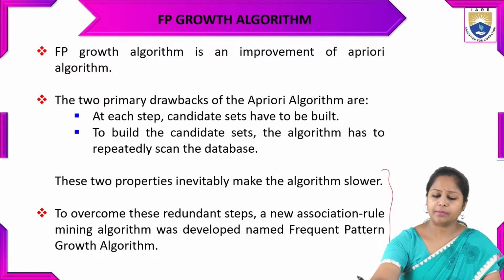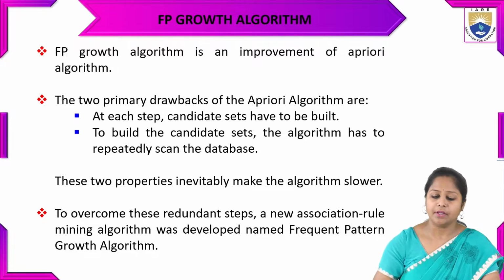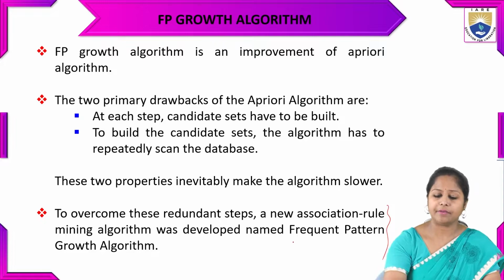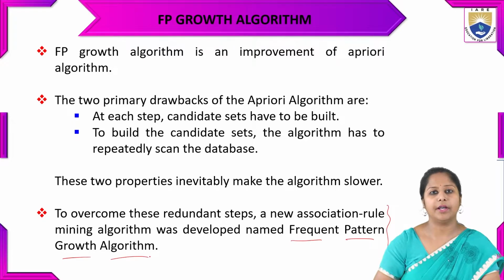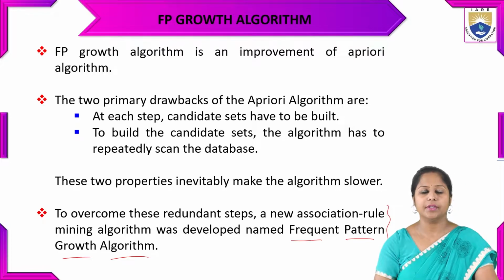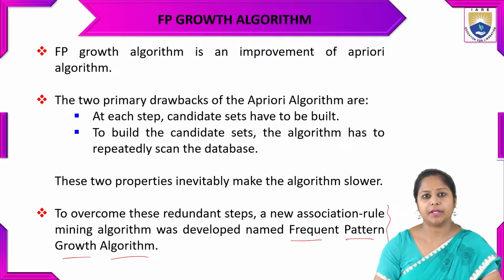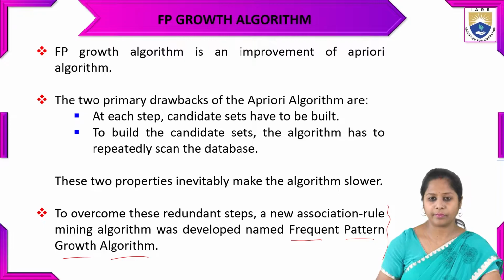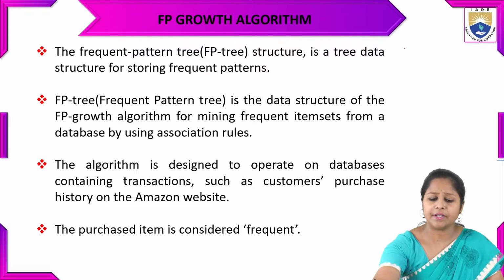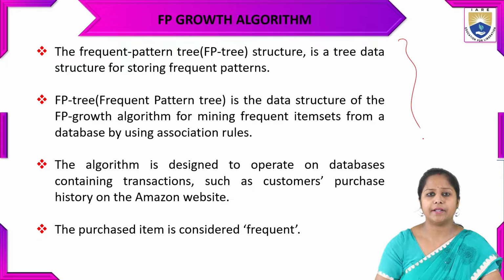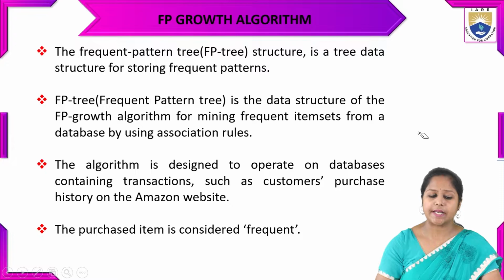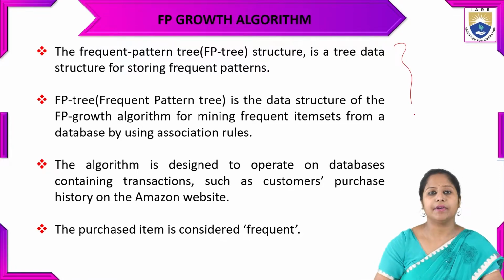So to overcome these redundant steps, a new association rule mining algorithm, the frequent pattern growth algorithm, was developed. So FP growth is the frequent pattern growth algorithm. The FP tree, the frequent pattern tree structure, is a tree data structure for storing the frequent patterns.